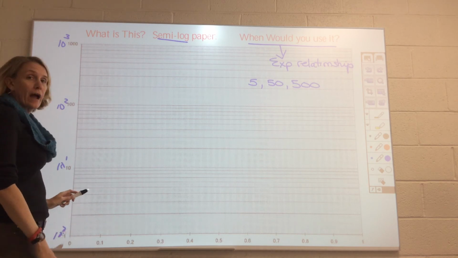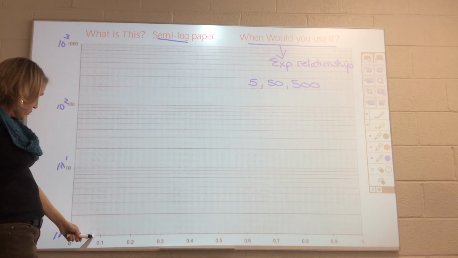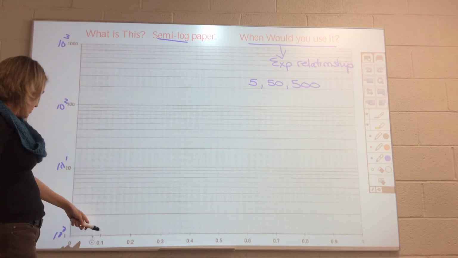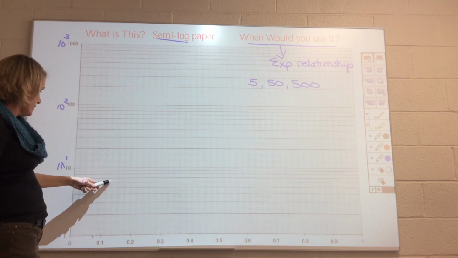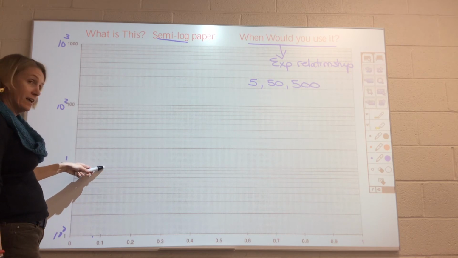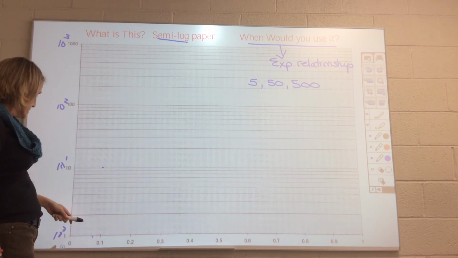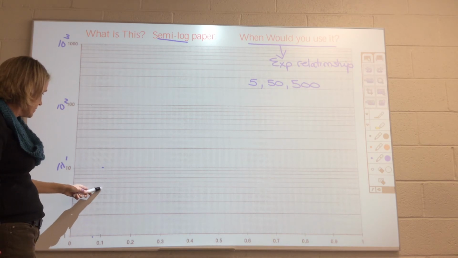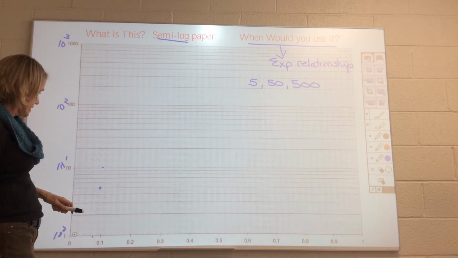If we're going to graph 5, there are 10 spots, 1, 2, 3, 4, 5, 6, 7, 8, 9, 10. So 5 is just going to be 1, 2, 3, 4, 5. Did I do that right?